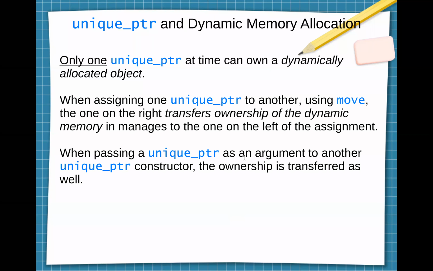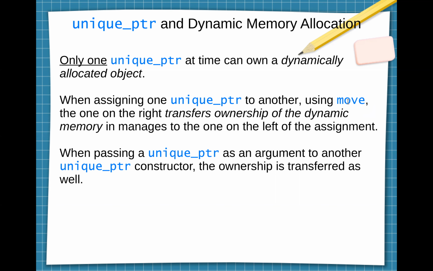When assigning one unique_ptr to another, first of all, I cannot just say ptr1 is equal to ptr2, because that operation is not defined. I'll have to move, right? So I'm moving the ownership. The one on the right will be transferring its ownership of the dynamic memory it's managing to the ptr on the left, right? And once again, I cannot just say that it's equal. We will do it in the example, just bear with me for a moment.